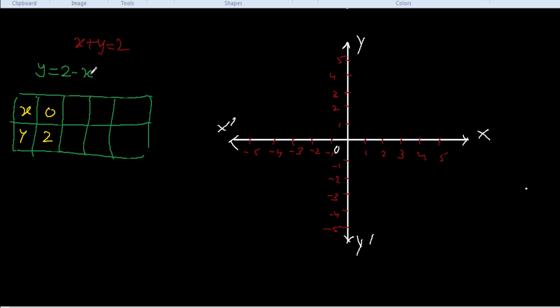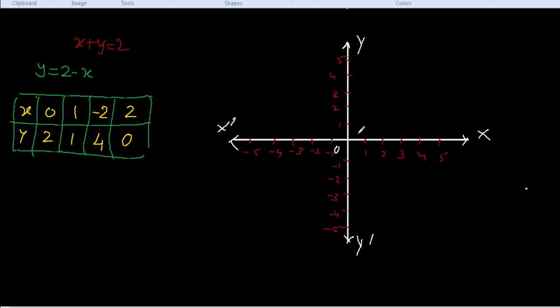If I put x is equal to 1, I will get y is equal to 1. If I put x is equal to minus 2, then I will get y is equal to 4. If I put x is equal to 2, I will get y is equal to 0. So in this way I could get different points on this line. These are the points on the line which we have to draw here.